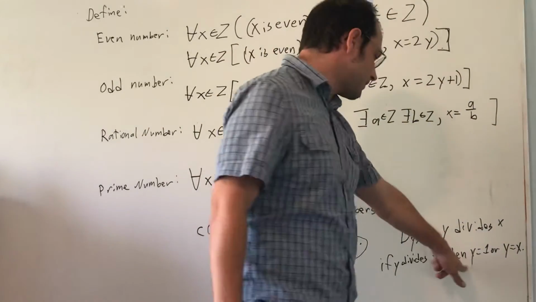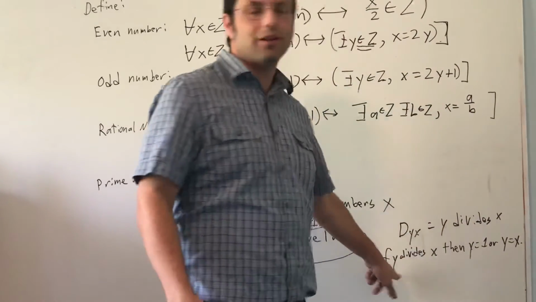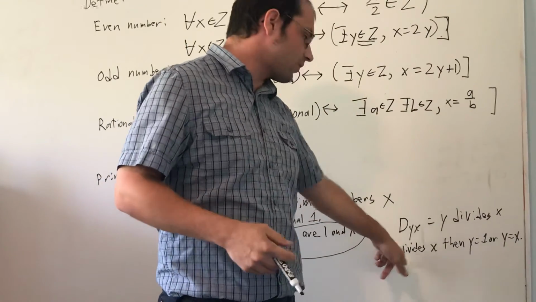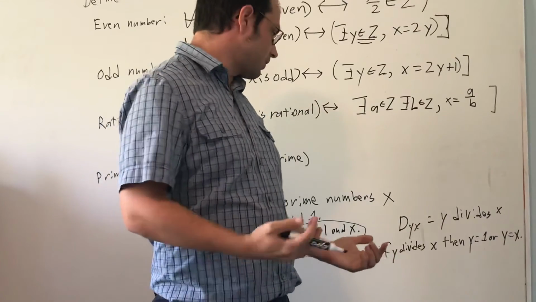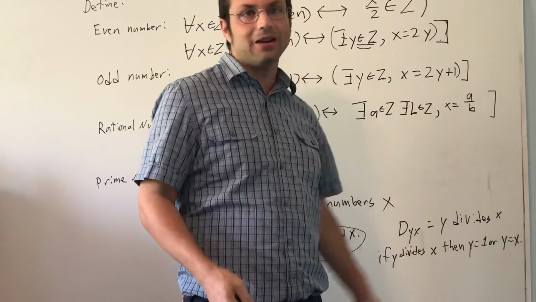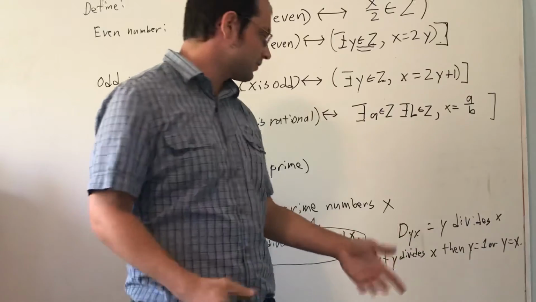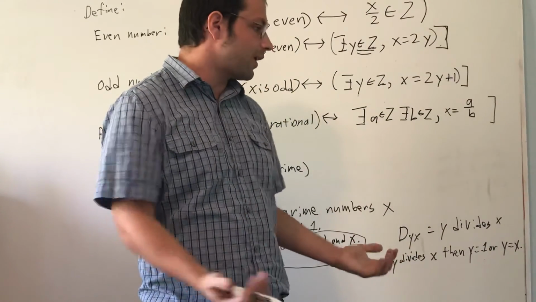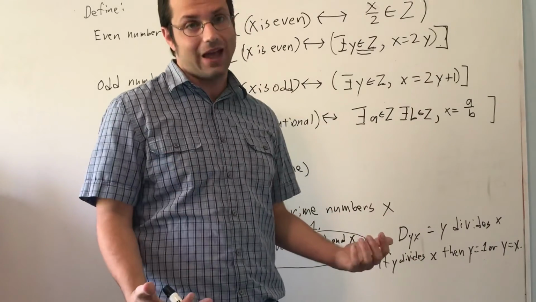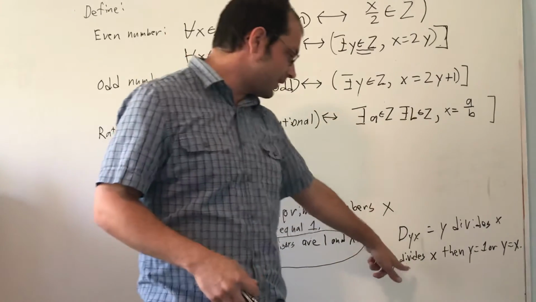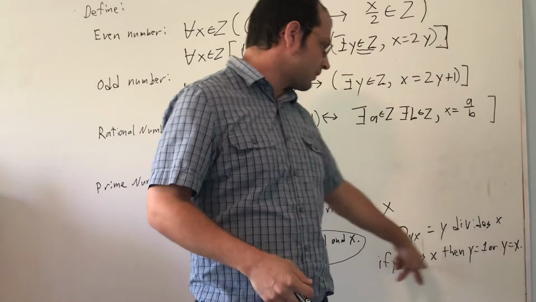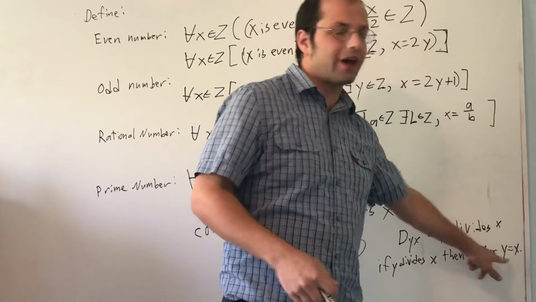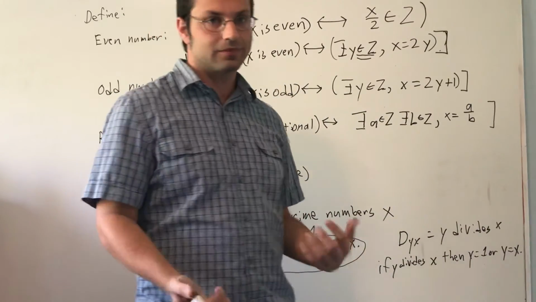And this is a condition that's true for every number y. So if I give you some natural number y, either y doesn't divide x, in which case the if-then statement is vacuously true, or it's possible that y does divide x, but if y divides x, then we can conclude that either y is equal to 1 or that y is equal to x itself.